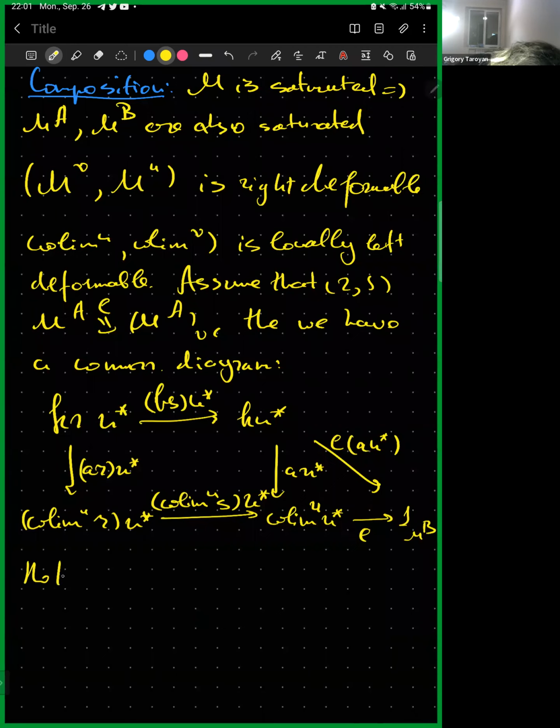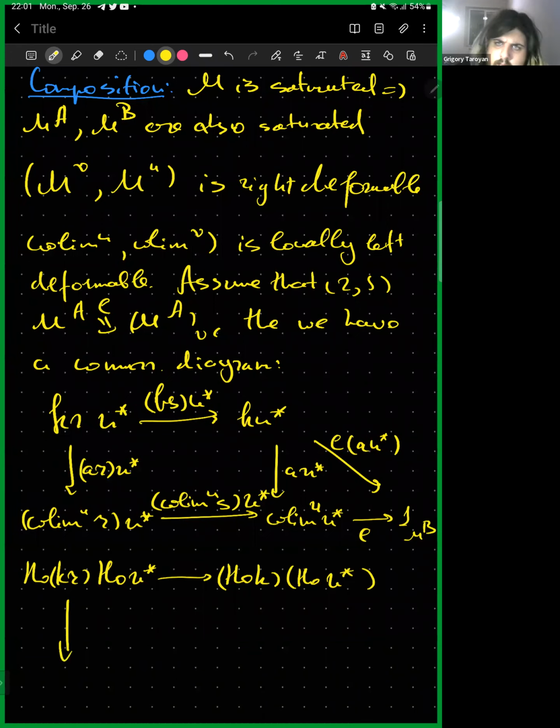So we take the homotopization of KR, homotopization of U upper star. We take the homotopization of K, homotopization of U upper star, homotopization of this functor, which exists because colimit U is homotopical on the subcategory of virtually cofibrant objects.